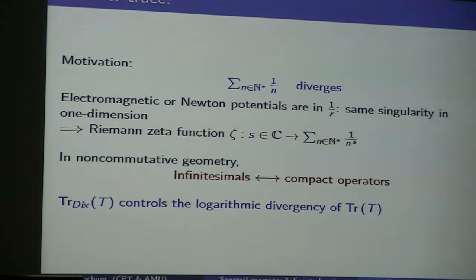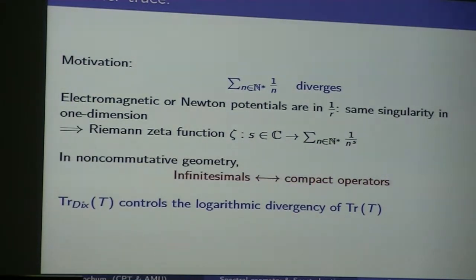Okay, that's the message. And more than that, essentially in noncommutative geometry you have this notion of infinitesimal. We all know what an infinitesimal is in classical geometry. You have infinitesimals of order 1, 2, 3, and so on. But here this is replaced by compact operators.